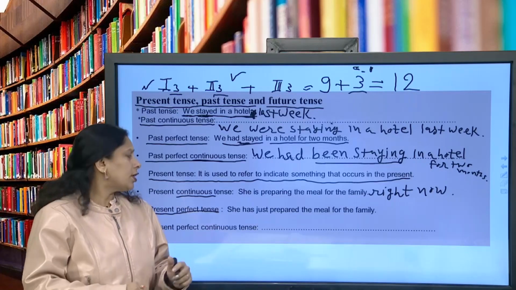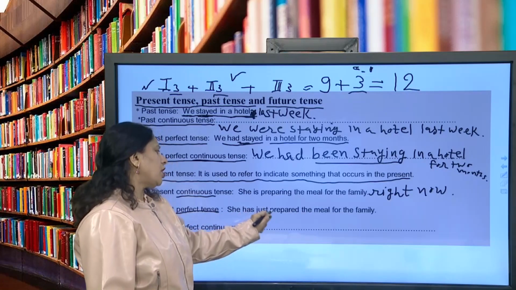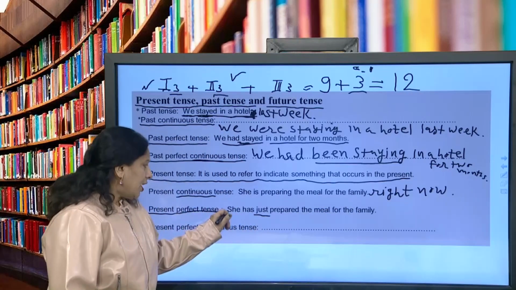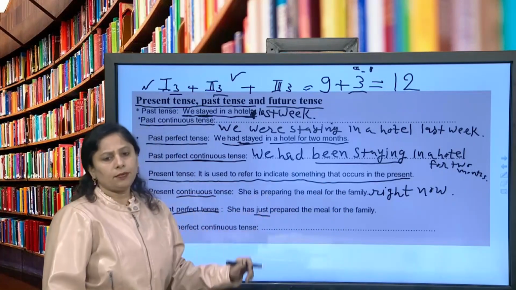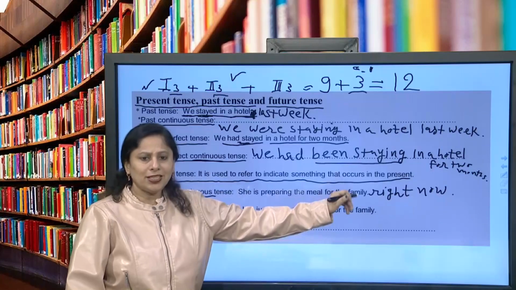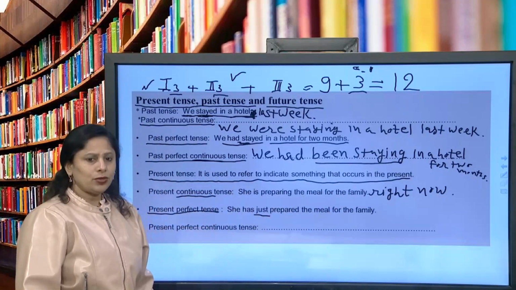That's why it is written as just. She has just prepared the meal for the family. She has recently arrived at the airport. We have recently received the email. So these are the things which are presented over here.